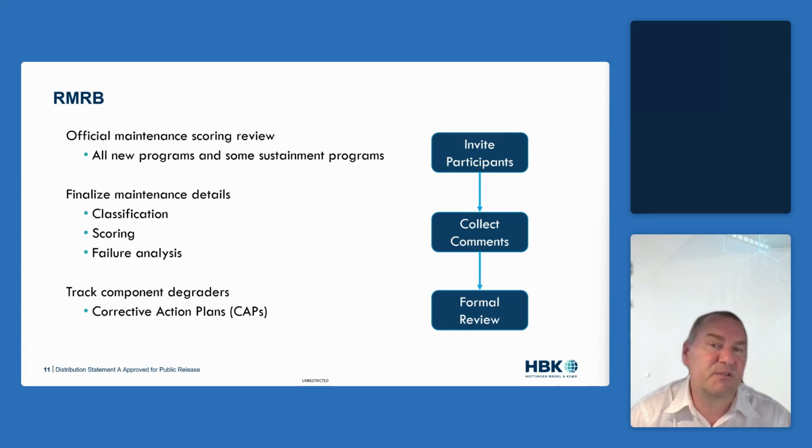They'll invite participants to look through the data, make sure they agree with how it's been scored and corrected, collect any comments, identify any underlying degrader issues, and then formally review that and make recommendations going forward. That review process is also part of the XFRACAS system, and it becomes an auditable official trail for the work being done.